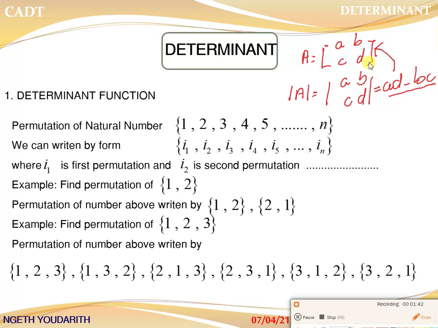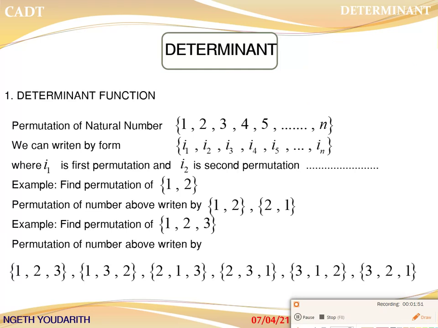Before we go to the determinant, I want you to know what the determinant function is. The determinant function is a function that relates our natural numbers to permutations. So in this case, we start with the permutation.